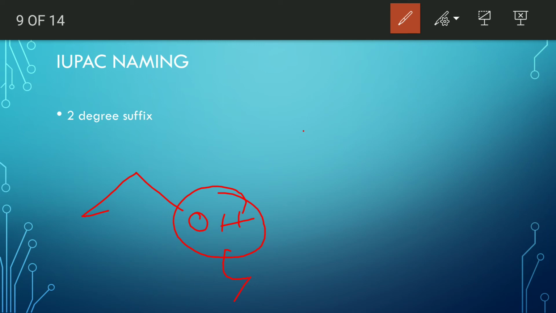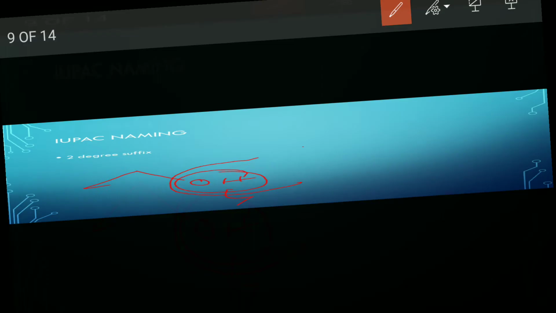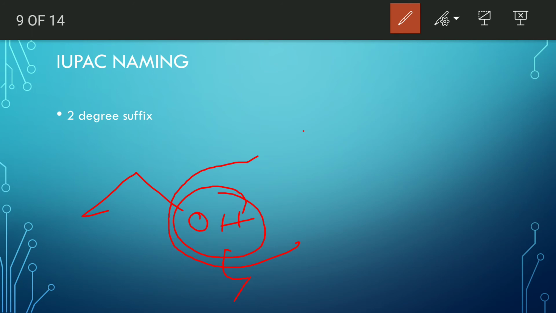Now when you forget about this functional group, now tell me what would be its word root. The word root is eth. Now what is the 1 degree suffix here? First 1 degree suffix comes, then 2 degree suffix. What's the 1 degree suffix here? The 1 degree suffix here is ane.